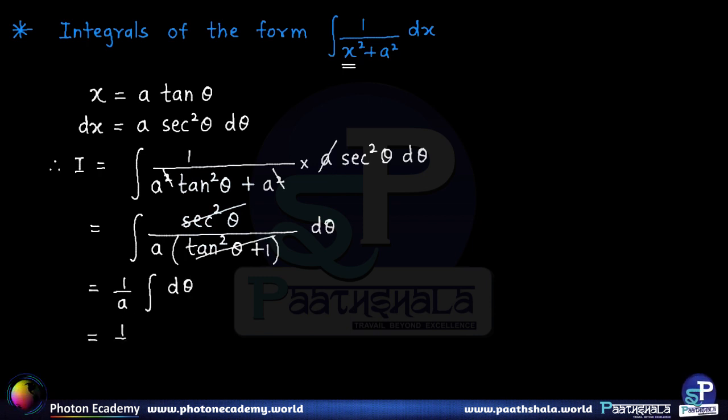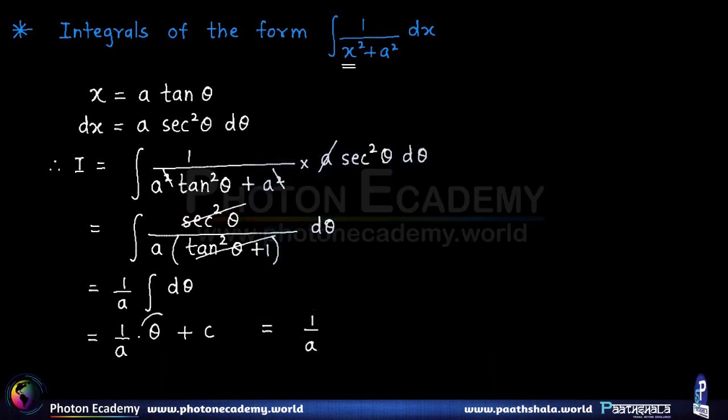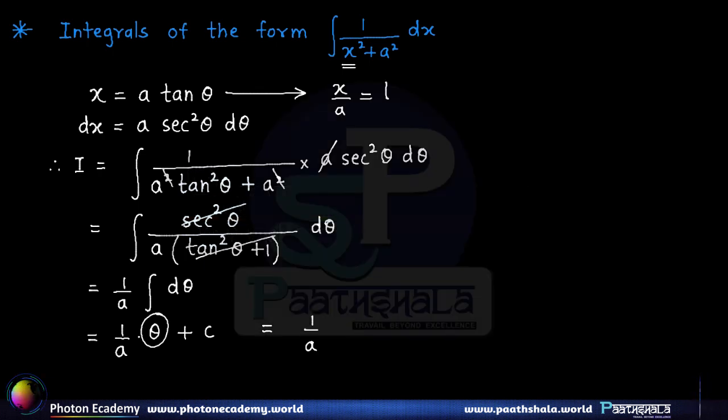So integral of d theta is nothing but just theta, and of course plus c. So that gives us 1 upon a. Now we must replace back theta in terms of x, because theta is the variable that we had introduced on our own. So if we look at what we had substituted originally, that is x equal to a tan theta, that means x by a has to be equal to tan theta.